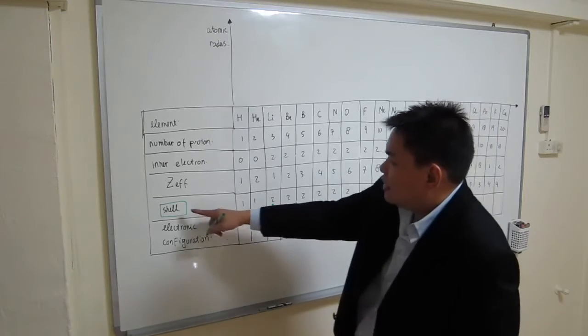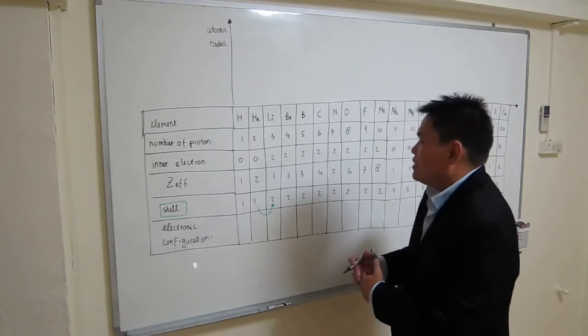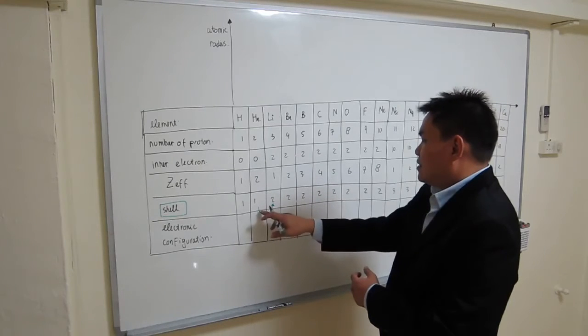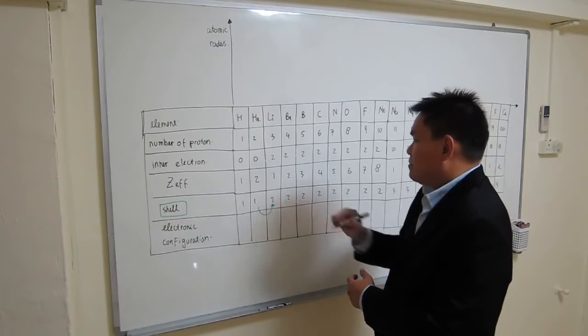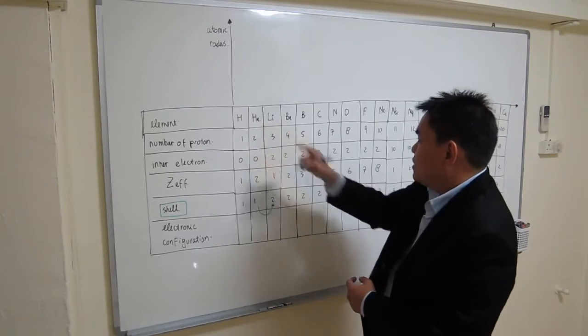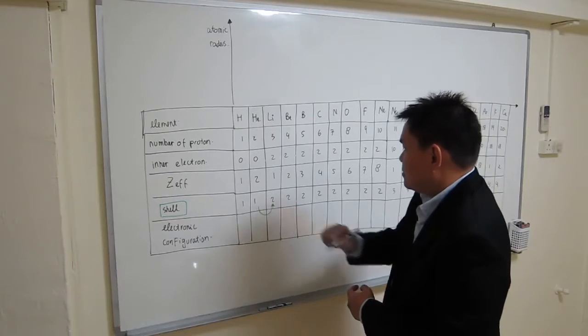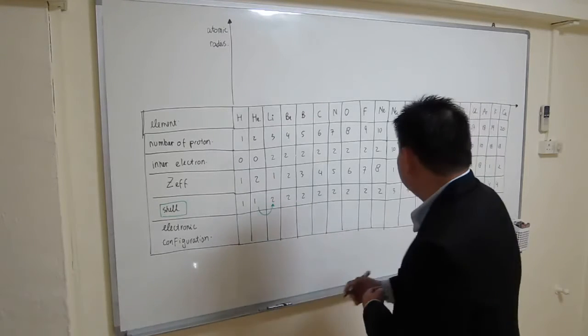And if you add 1 more shell, the effect will be very significant. So you're going to see a big jump from helium to lithium because you add 1 more shell.